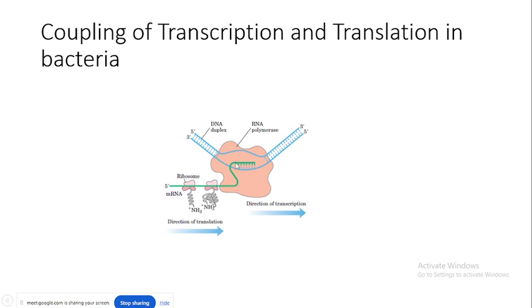So here the transcription is going on, and along with that, simultaneously the ribosome is doing the translation also, right? This is the direction of the transcription, and this is the direction of the translation. As both processes, transcription and translation, occur at the same time, that is called the coupling of transcription and translation in bacteria.